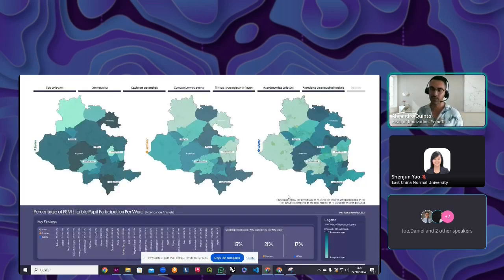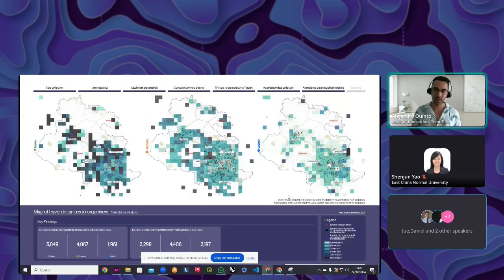And then ultimately also the participation analysis in comparison with the percentage of this category of free school meals in each region, how far each child traveled, and which were the areas. The darker the color of that grid, the further the children and their families had to travel to attend one of those activities.